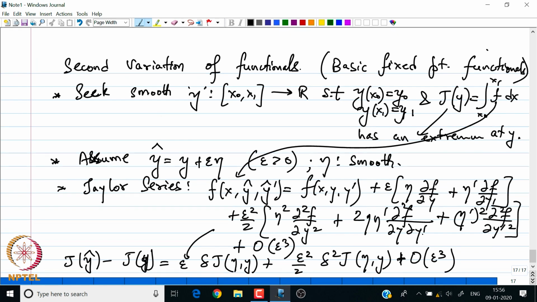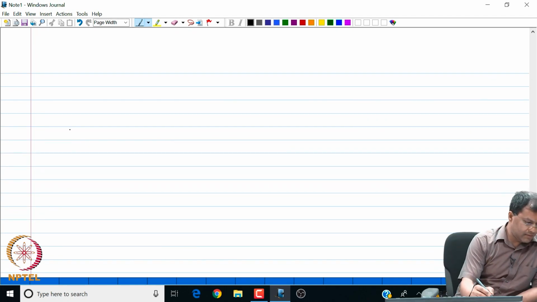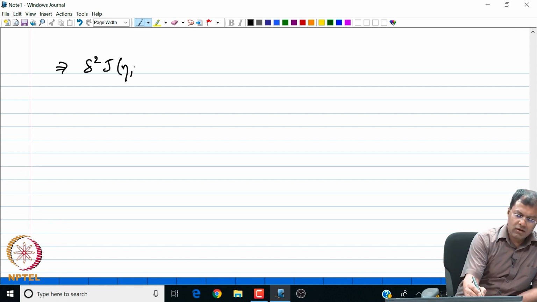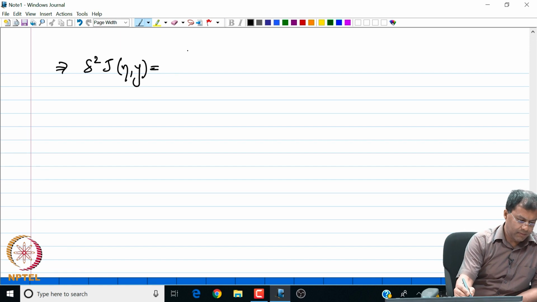Now, this is my standard first variation. We have done a lot of problems on the first variation, so we do not worry about it. Let us now look at the second variation. My second variation of this functional is of this form: integral from x0 to x1.